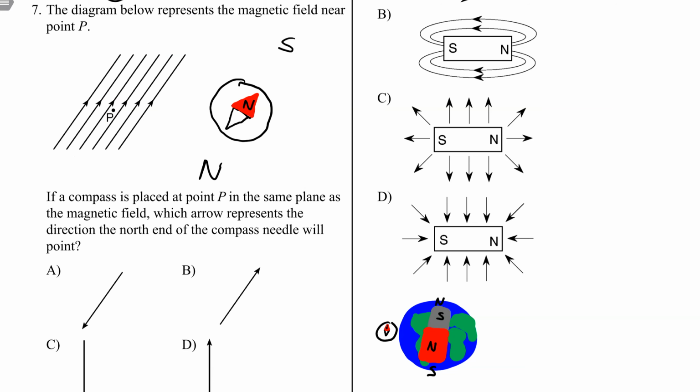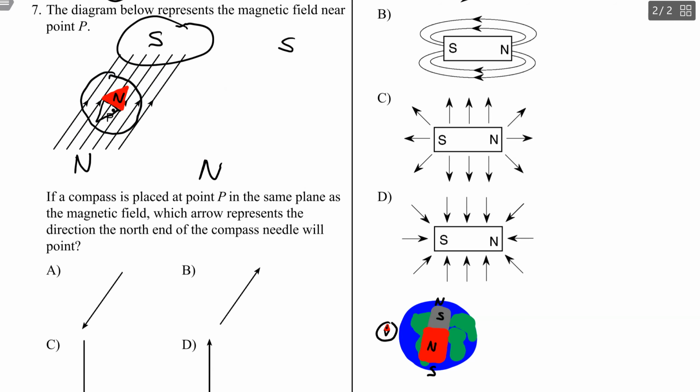So I looked at the direction the lines were pointing, and they were going out of the northern side and into the southern side. So that tells me south is right here. And then it's asking, where is the north end of the compass needle going to point? Well, north is attracted to south, just like that. Okay, so we know it's going to be choice B. Kind of tricky.